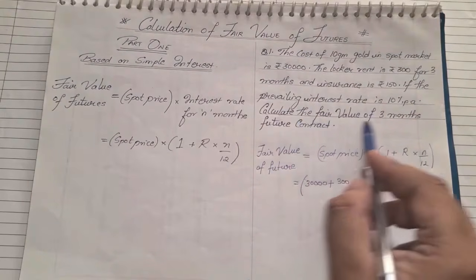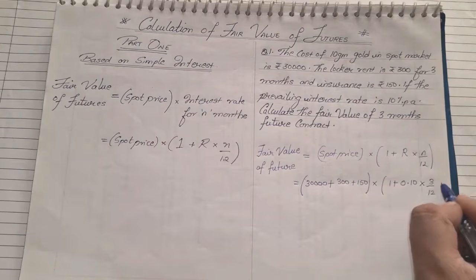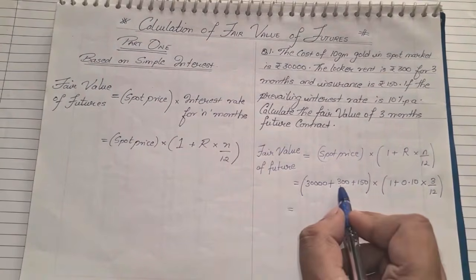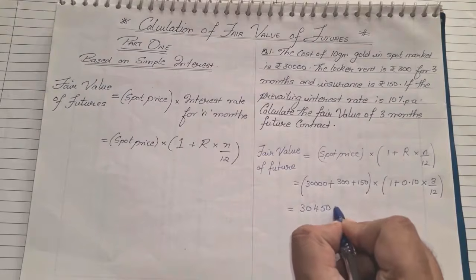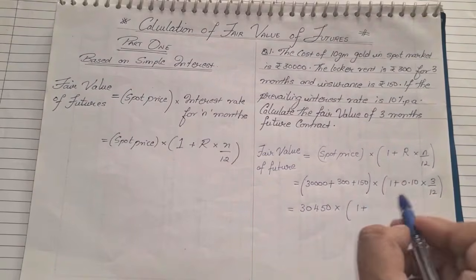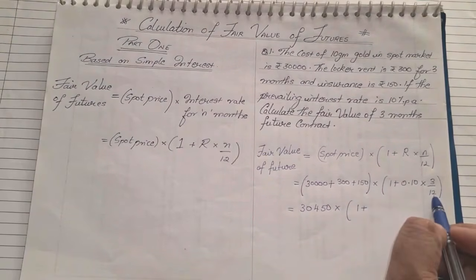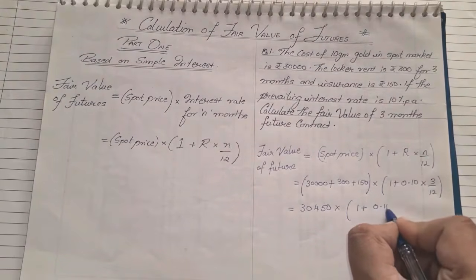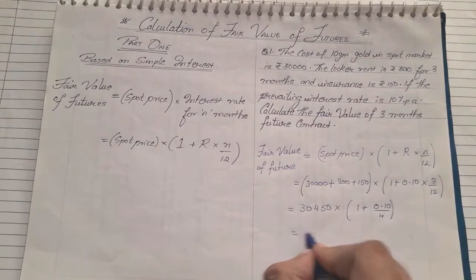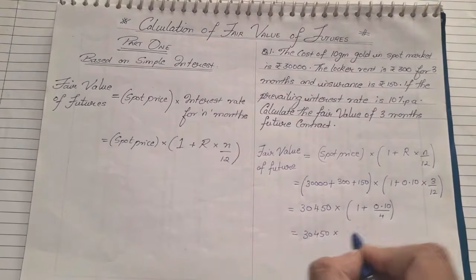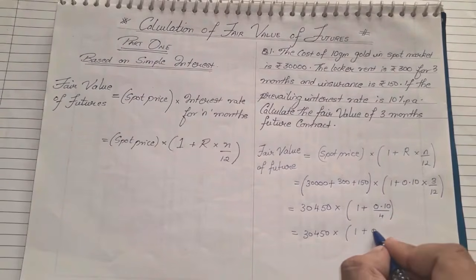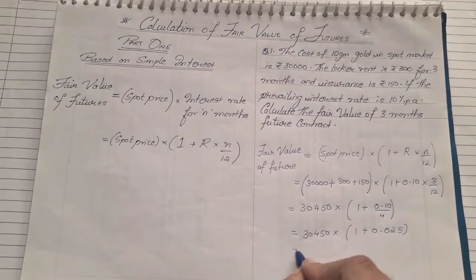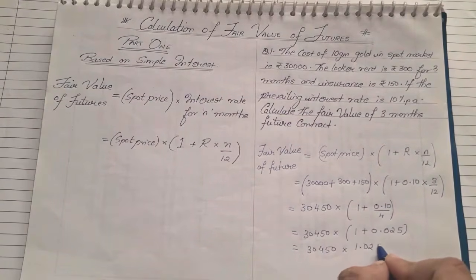Now they want the future contract for 3 months, so it will be 3 divided by 12. So 30,000 plus 300 plus 150 together gives you 30,450 into 1 plus, now 3 divided by 12 is 1 upon 4, so we take it as 0.10 upon 4. So 30,450 into 1 plus, now 0.10 divided by 4 gives you 0.025, so that becomes 1.025.